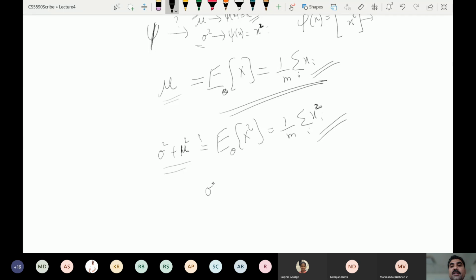So what will be the formula for sigma square, for example? It will be 1 by m sum of xi square minus, 1 by m sum of xi, whole square. Is this the usual formula for sample variance? Anybody remember the usual formula for sample variance?